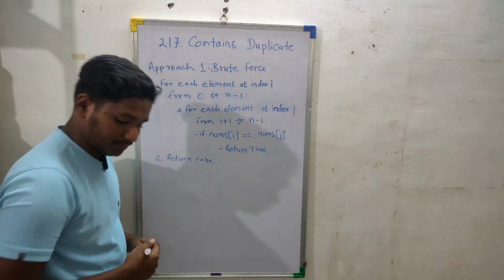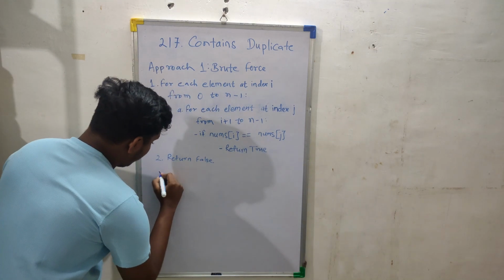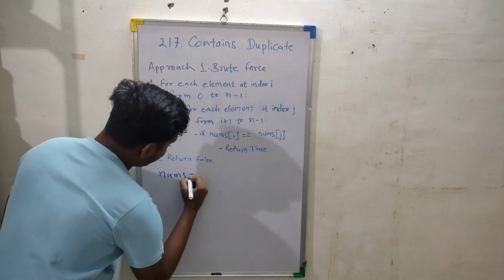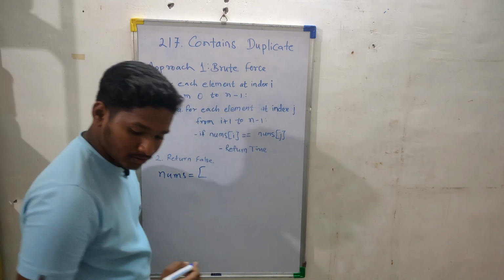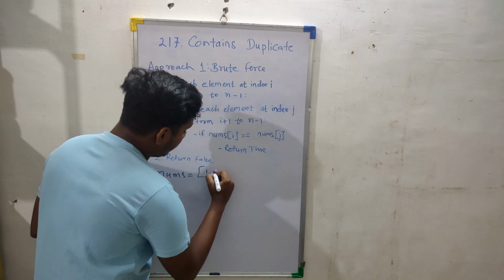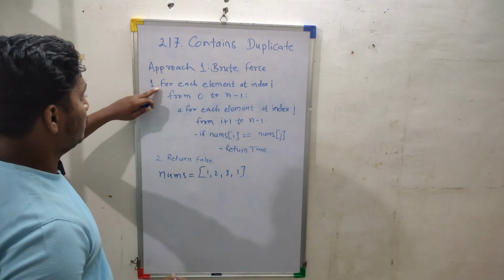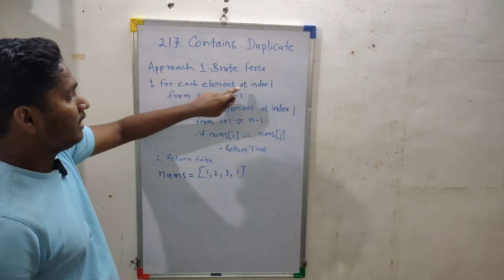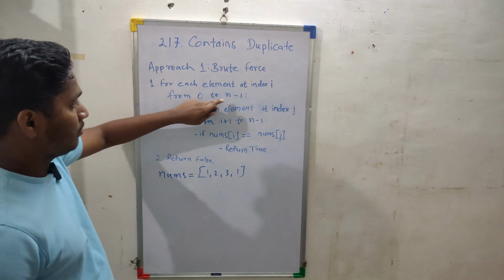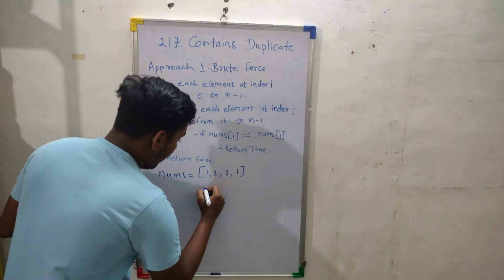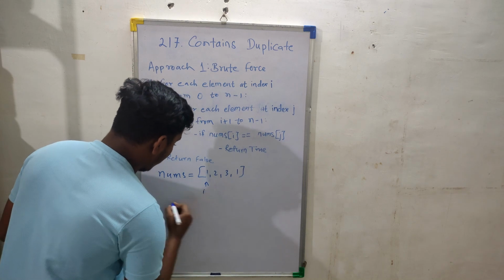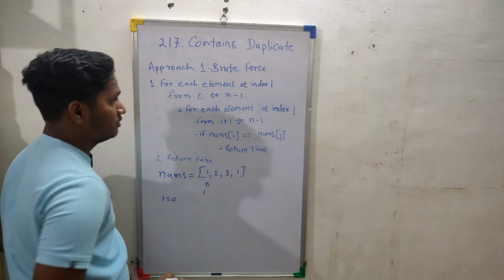Let's see an example. We have a nums array which contains the values 1, 2, 3, 1. For each element at index i from 0 to n minus 1, i is equal to 0.